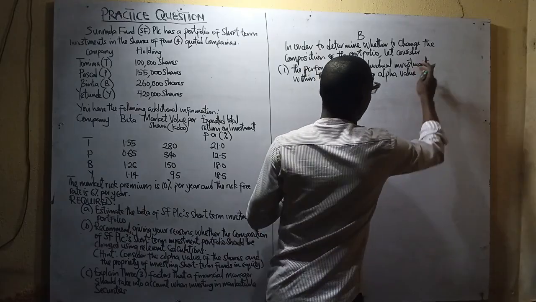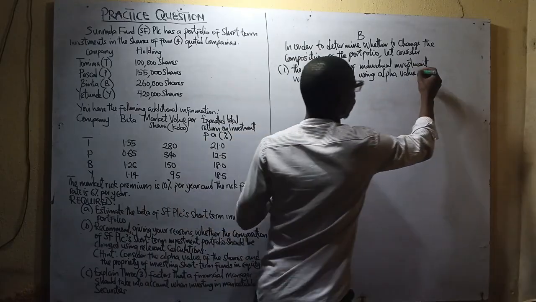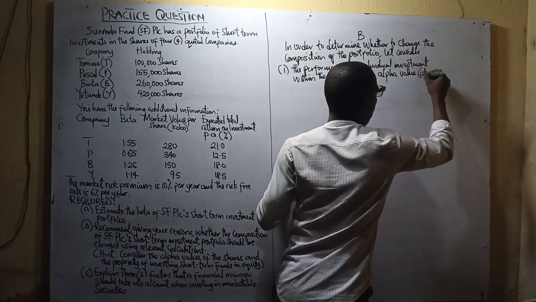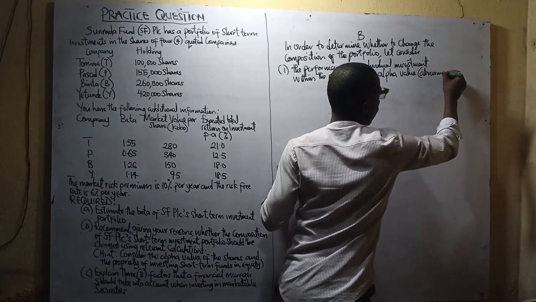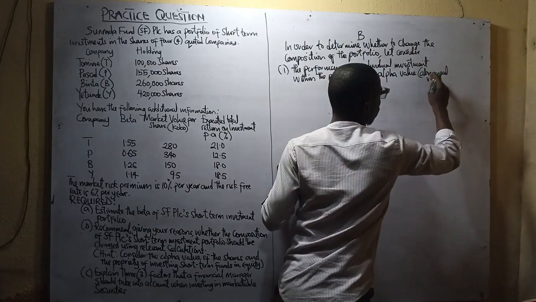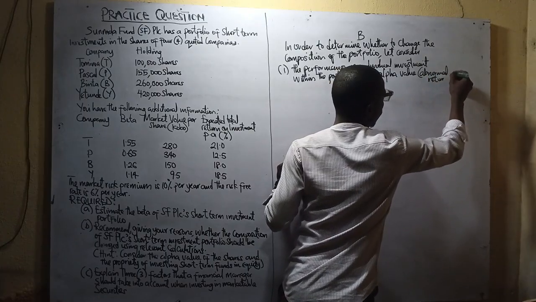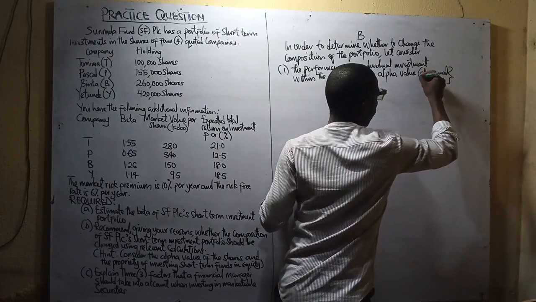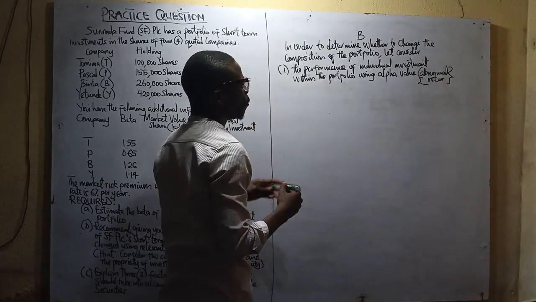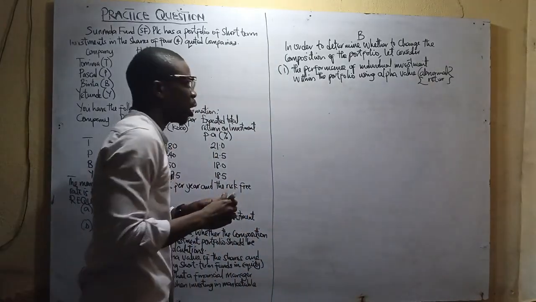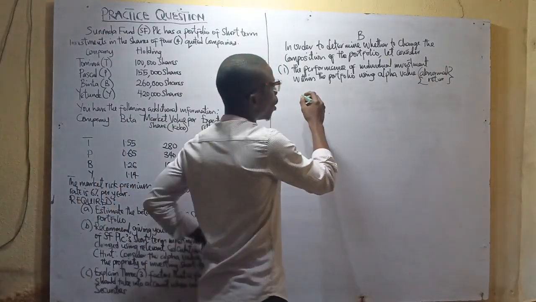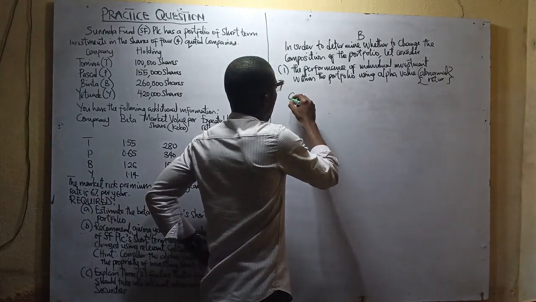Now we know that our alpha value is also considered to be what? Our abnormal return. Alpha value can also be considered as abnormal return. So how do we calculate our alpha value?